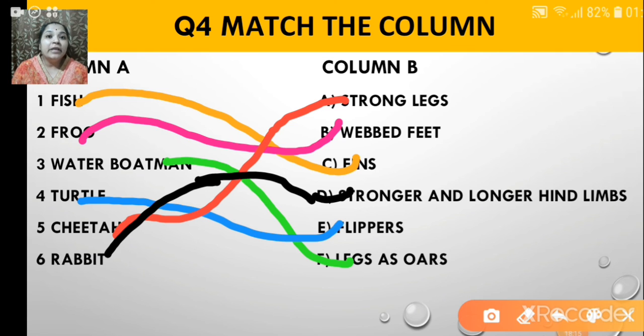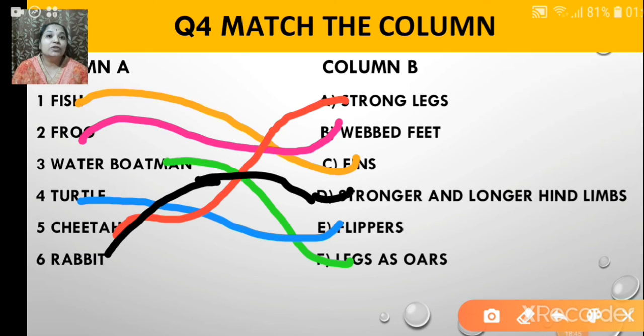Now what about the insects? All the insects have 6 legs which help them to move. And we also discussed that some insects like houseflies, mosquitoes, butterflies have very small and light bodies. Also, they have light wings which help them to fly.